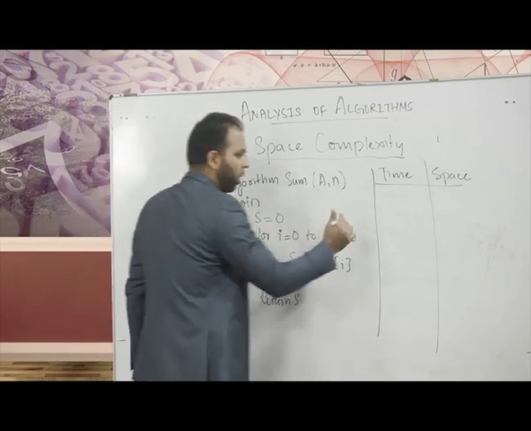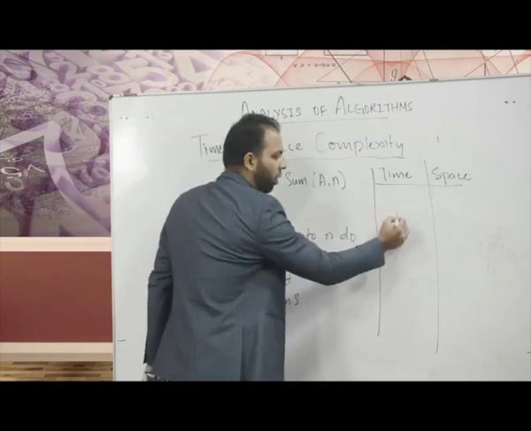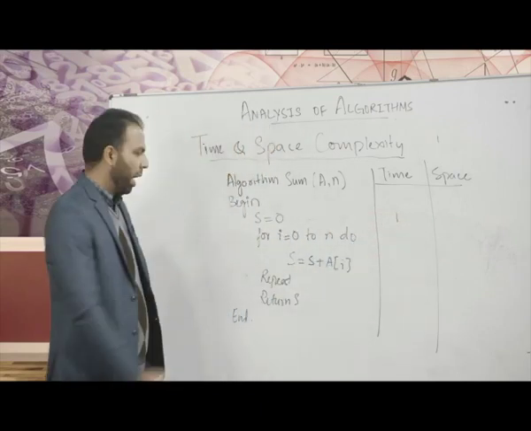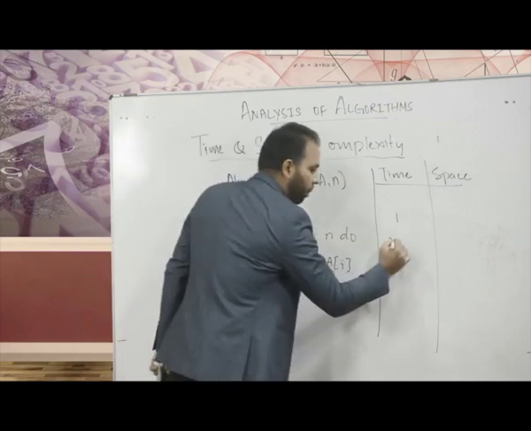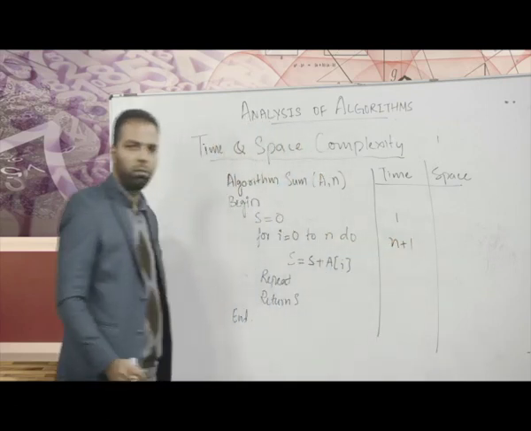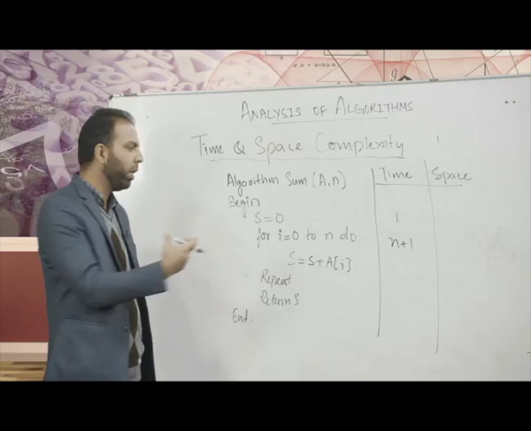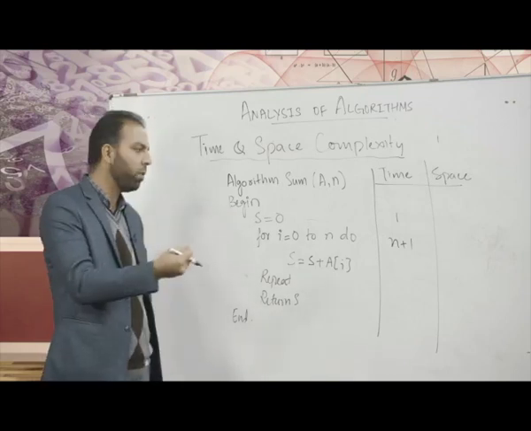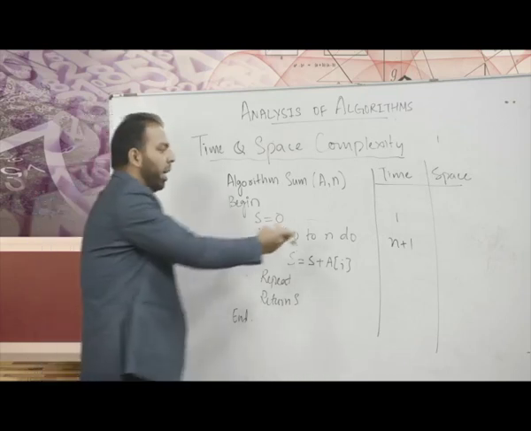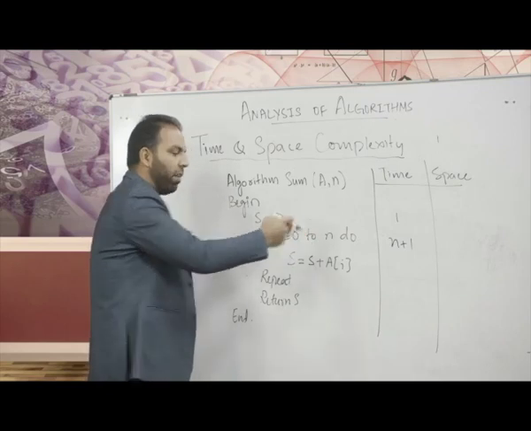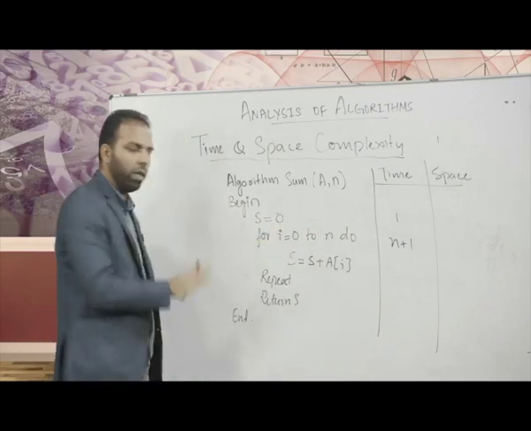So this operation is going to take a fixed unit of time, that is 1 unit of time. This operation is going to take n plus 1 units of time, because this loop will be executed n plus 1 times. Why n plus 1? Because at the end, the condition will be false, meaning i will be greater than n, and then it will exit. Fine.